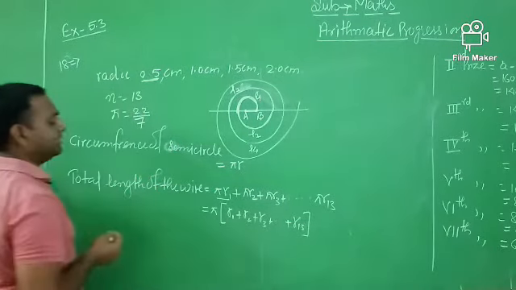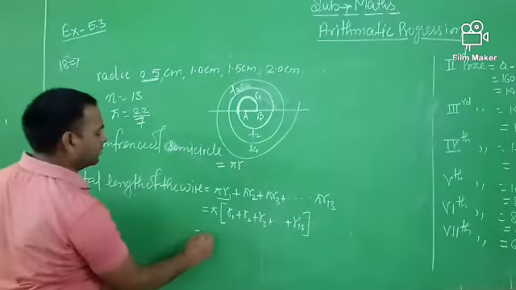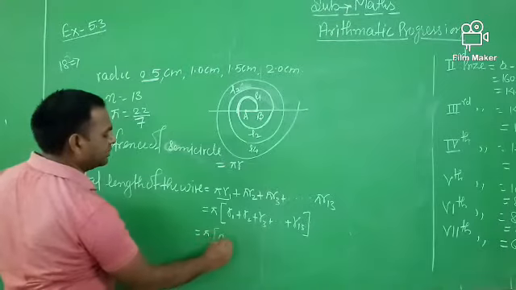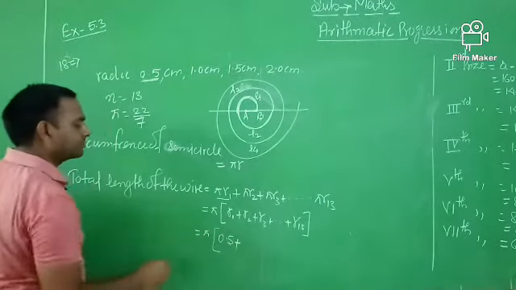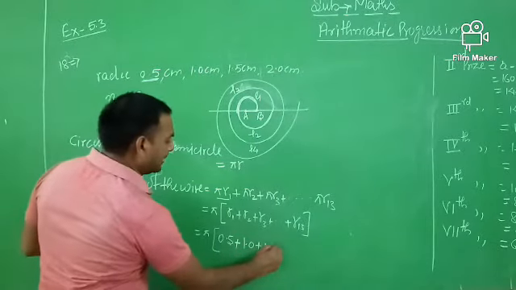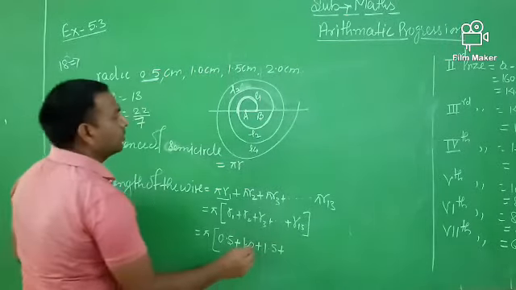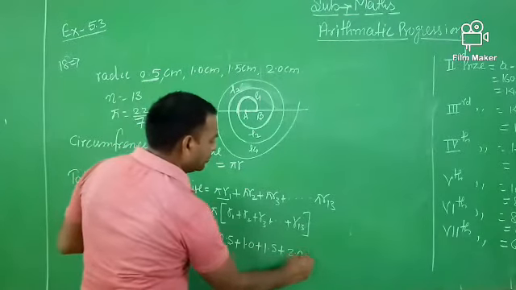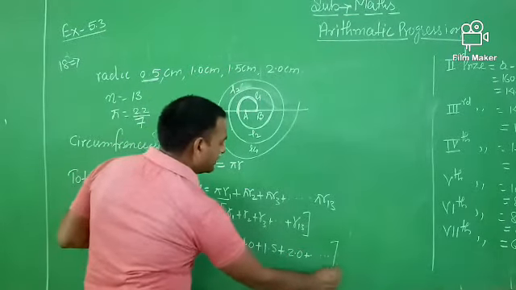Next, here you see the first radius is 0.5, so pi times the bracket 0.5 plus 1.0 plus 1.5 plus 2.0 and so on.